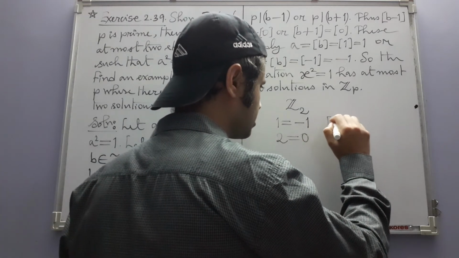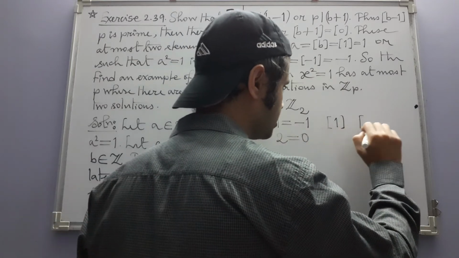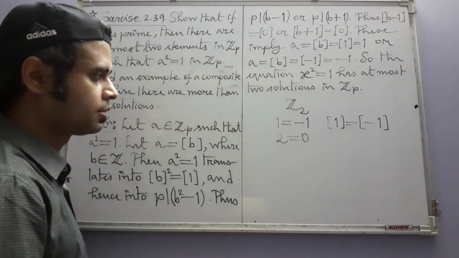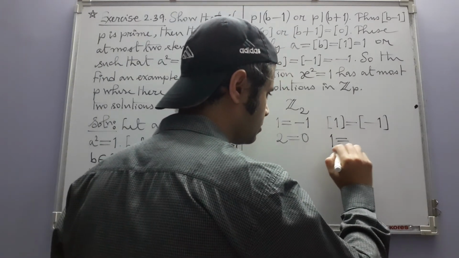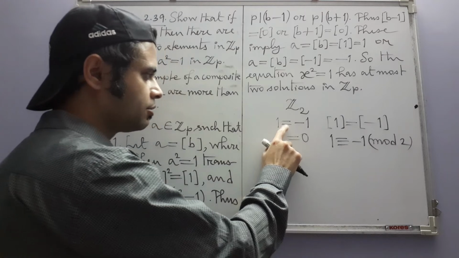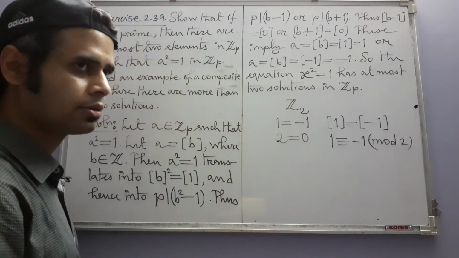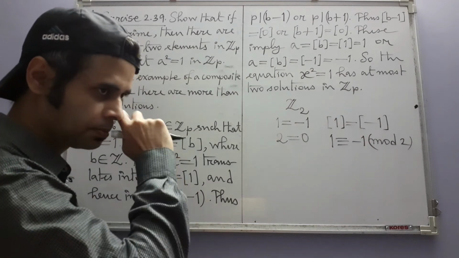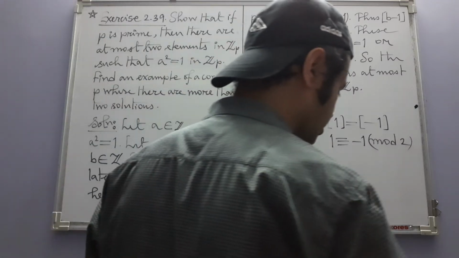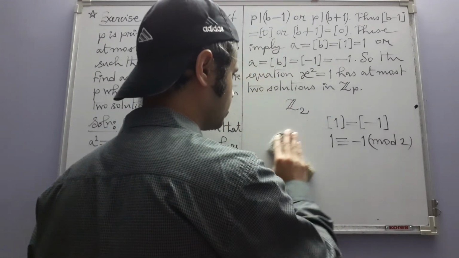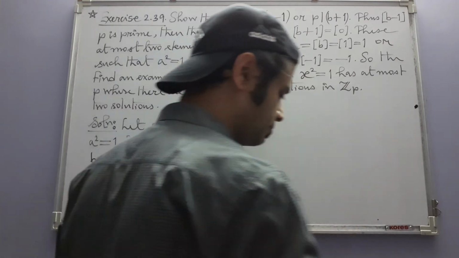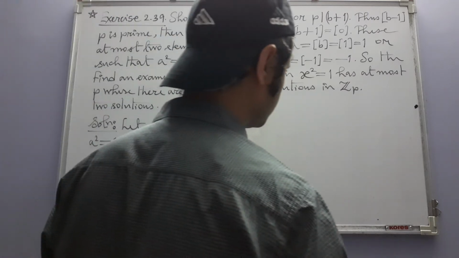It is the congruence class 1, and this is the congruence class minus 1, and they are equal as sets, because 1 is congruent to minus 1 modulo 2. There is a meaning to this equality. It's not ordinary equality; it is an equality relation in this set. So we write at most two solutions.